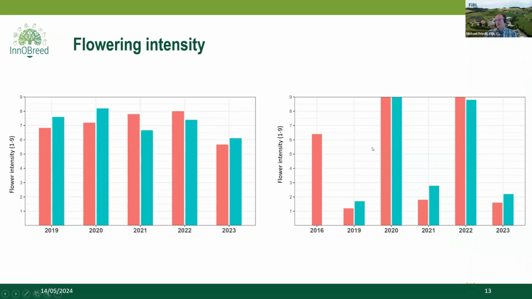Whereas on the right-hand side, you can see a variety with really high biennial bearing. So in the year 2019, you almost have no flowers, and the next year full flowering, almost no flowers again, like this. And this is really almost impossible to get a good production with a variety that shows quite strong biennial bearing like this.